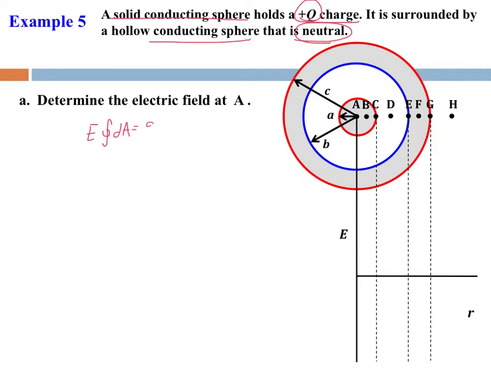And again, you should be familiar with this derivation by now. The charge enclosed in this case will be 0, but we'll see that at the end.